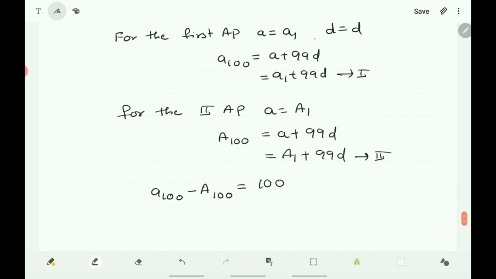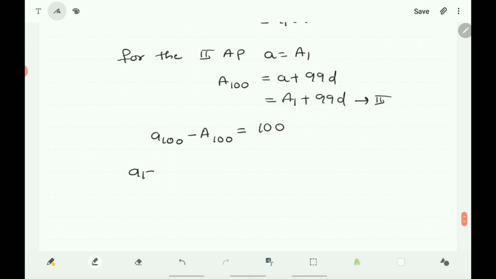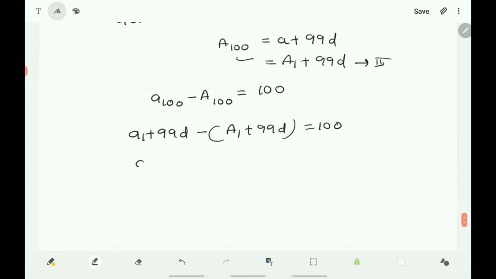Then A1 plus 99D minus, opening the bracket, A1 minus 99D, equals 100, and these two cancel. So A1 minus a1 equals 100.